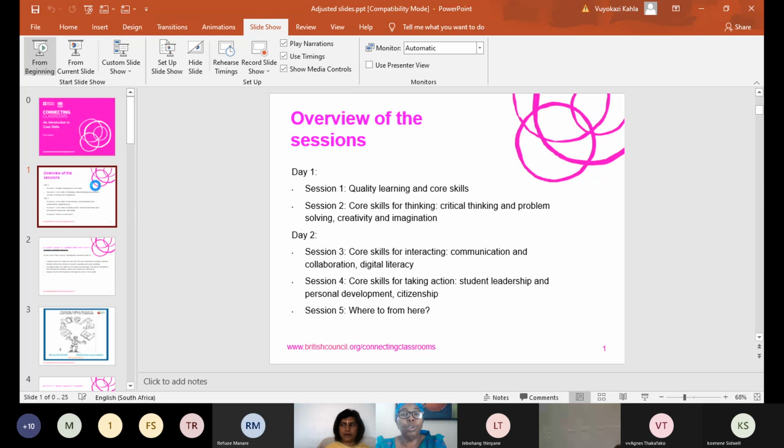We also looked at questioning and the Bloom's taxonomy. We ended up with you looking at the challenges that you are experiencing in your school. So keep in mind what we did last week, because it's going to come in handy.